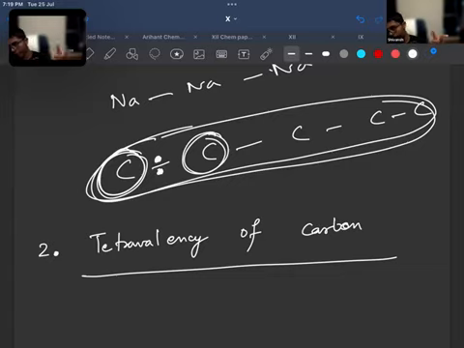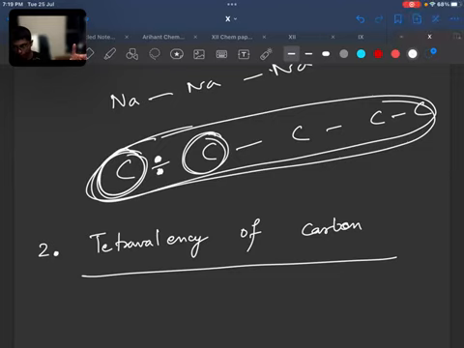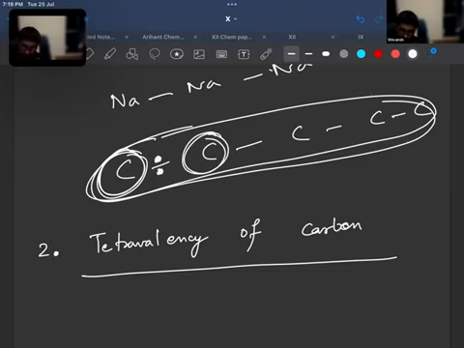If you think about it, some part of them would always remain unbonded. So every element has to be at least trivalent to show catenation. Catenation is shown only by carbon and silicon.